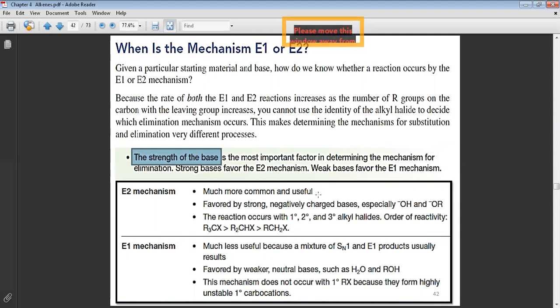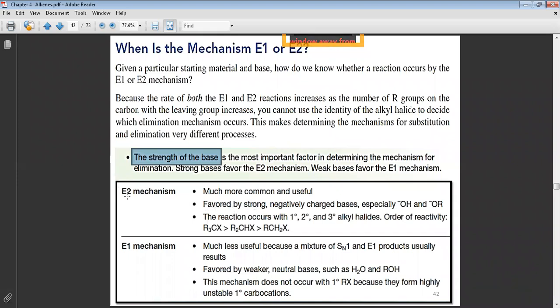There is no probability for SN2 to happen at the same time. With E2 elimination, SN2 cannot happen at the same time, but with E1, maybe at the same time there will be SN1 also. That means here it will give you a mixture, but here it will give you just one product, or less than two products.